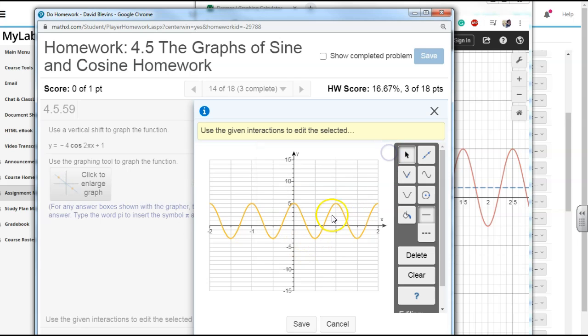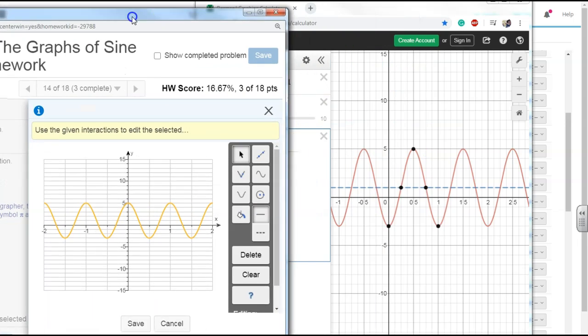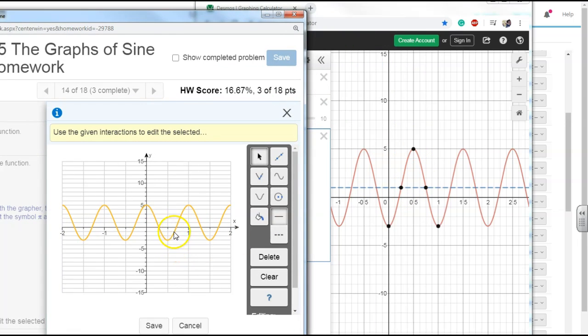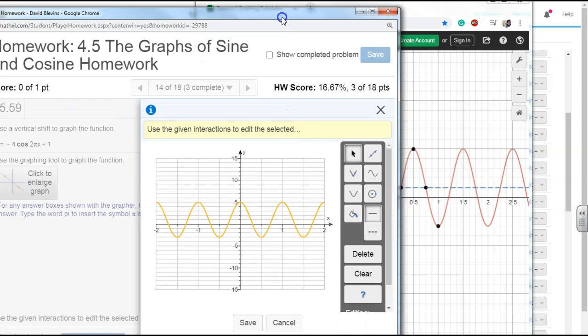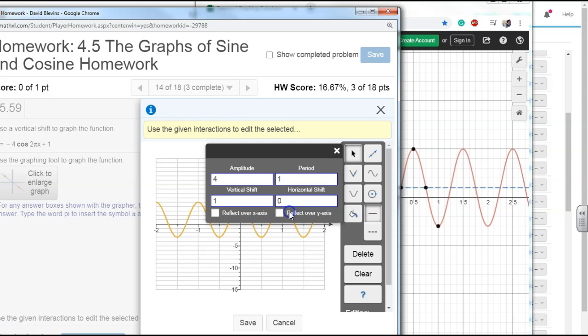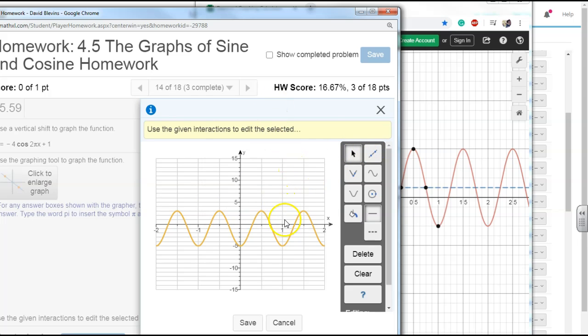And now it's not symmetric at the x-axis, so we can see it goes up to 5 and down. And again, match it up with your graph. So at 1/2, oops, sorry, I need to flip it over the axis. I forgot to do that part. So you can click on that graph and tell it to flip over the x-axis.